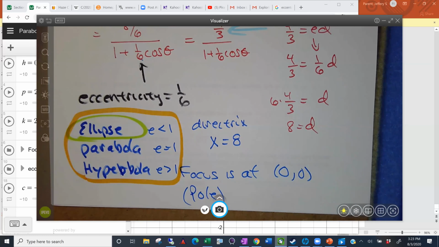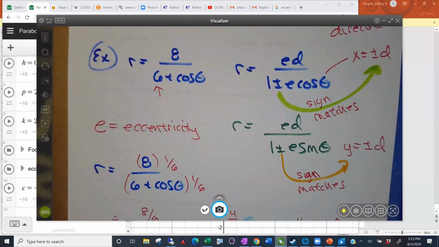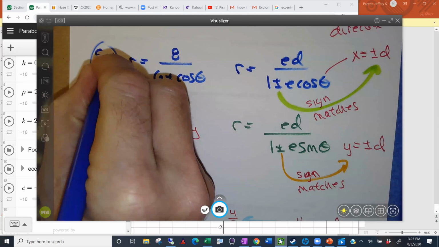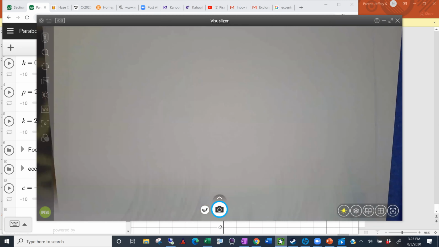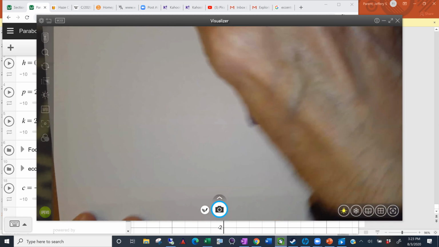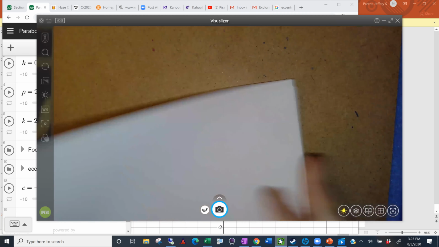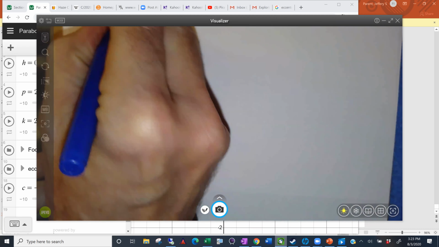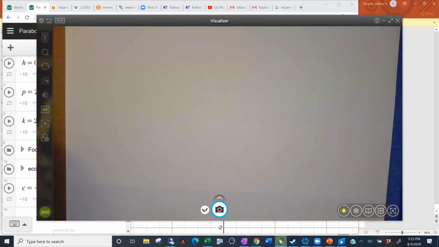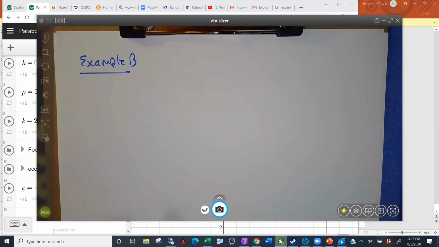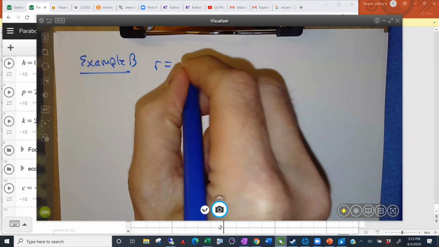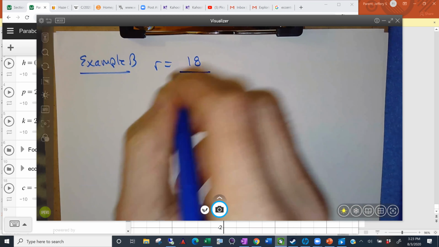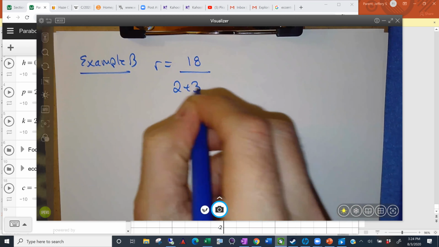Let's do another one. We'll call that one example A. Let's move on to example B. In this case, we'll start with r equals 18 over 2 plus 3 sine of theta.